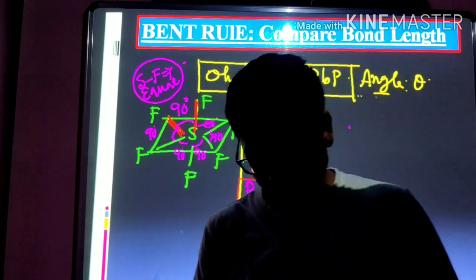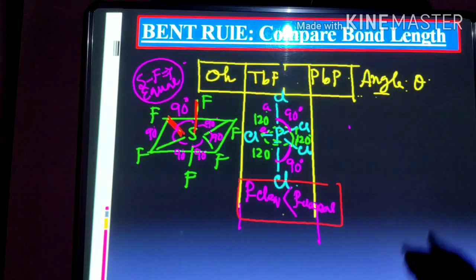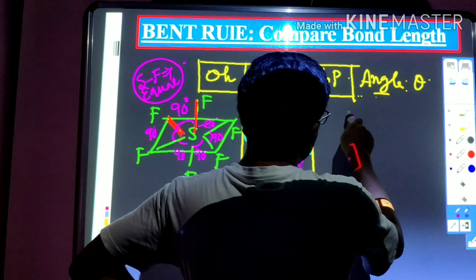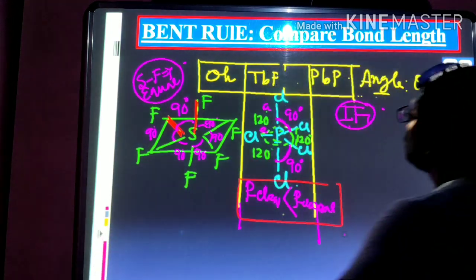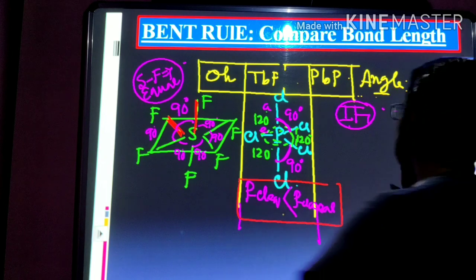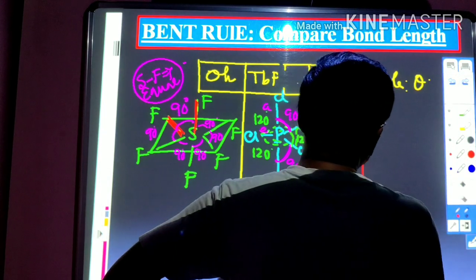Okay, fine. In pentagonal bipyramidal geometry, say IF7. In IF7, what will happen? Let me draw that IF7.